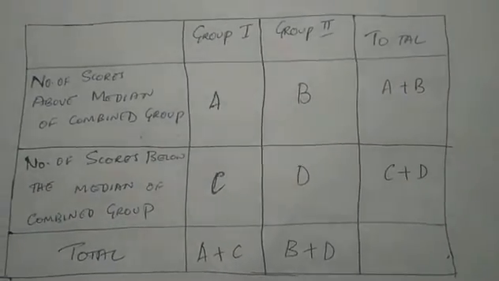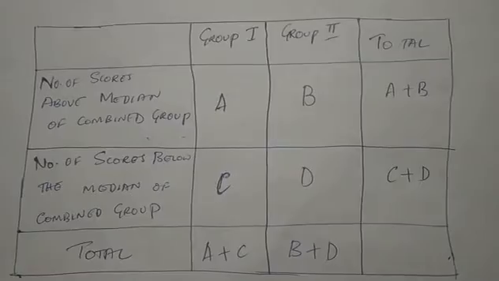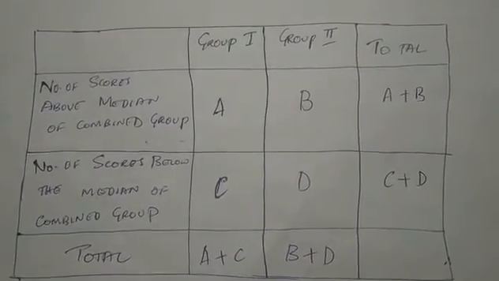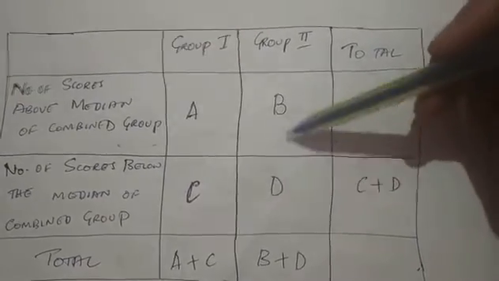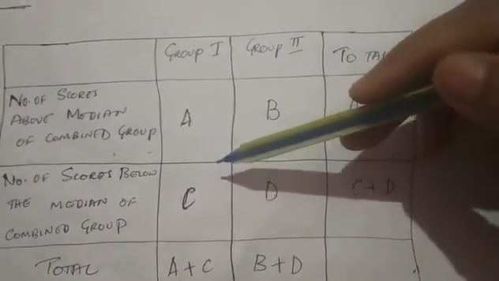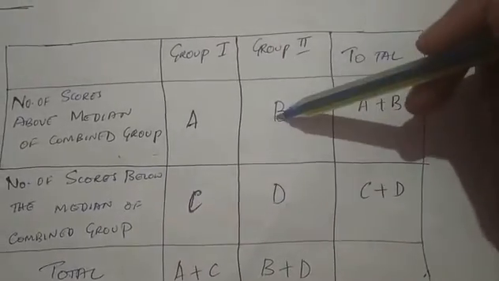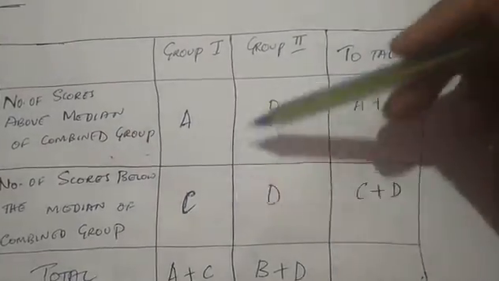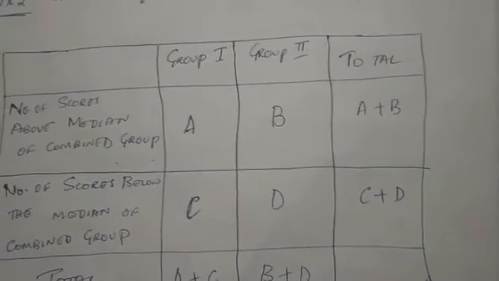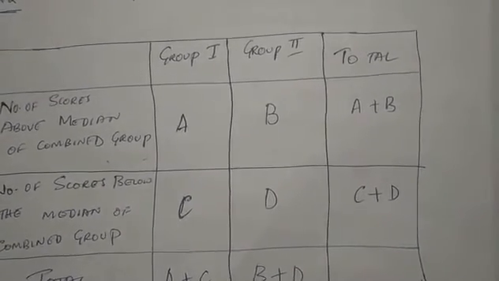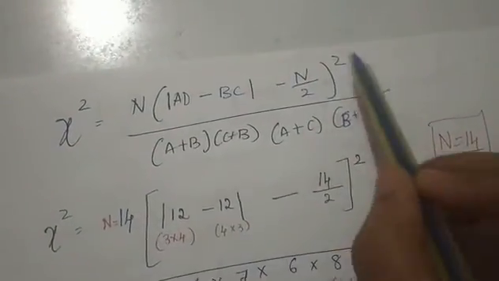The formula says, please write down the formula as you are watching this video. Chi-square is equal to n into A into D minus B into C. Whatever you subtract, that is AD minus BC, that sum whole minus n by 2, where n is number of scores, divided by 2. This whole squared.